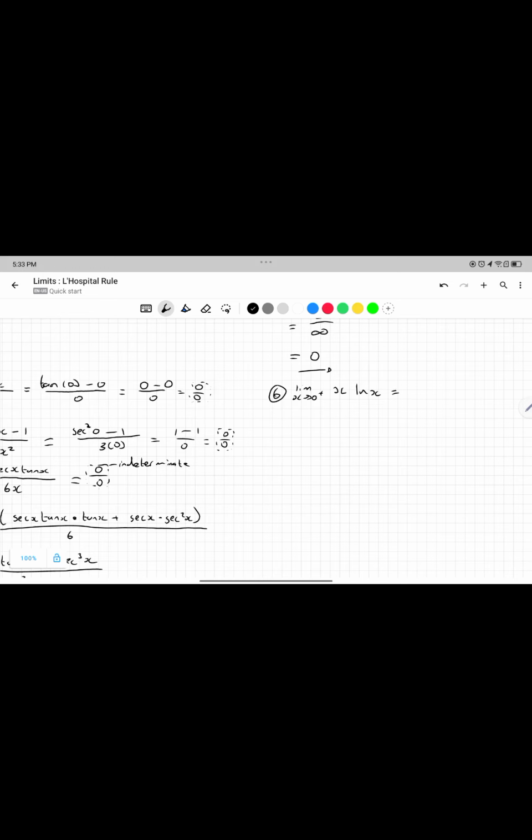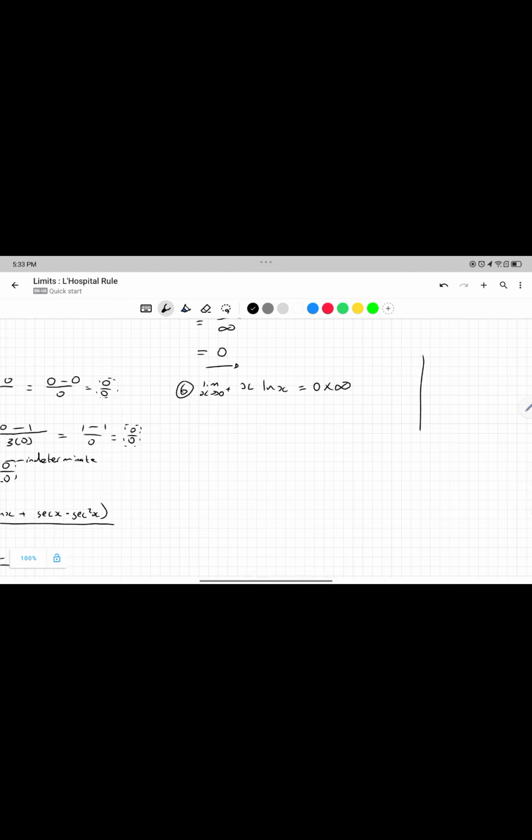So we're going to have 0 times infinity. Why am I saying that? Because now the function of ln x is something like this, and as x approaches 0 from the right, ln x is going to give us infinity. So that's that.